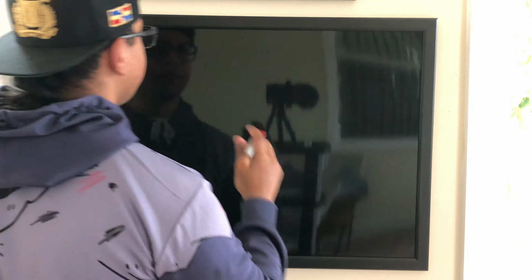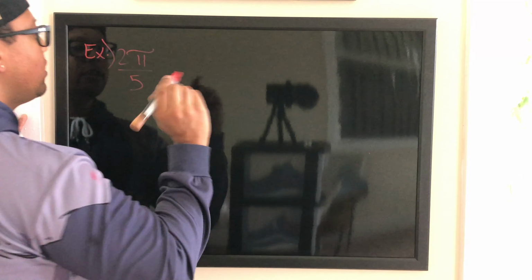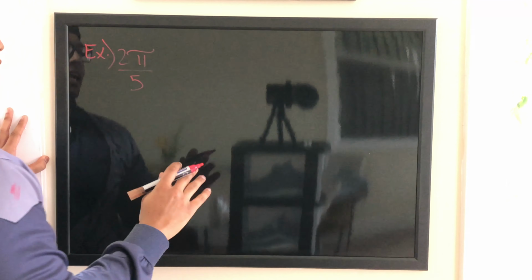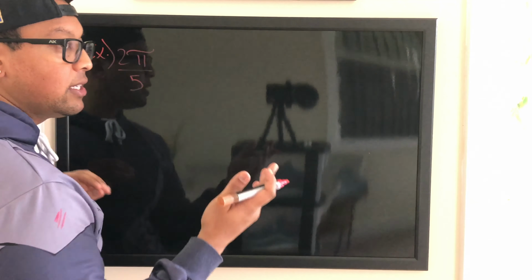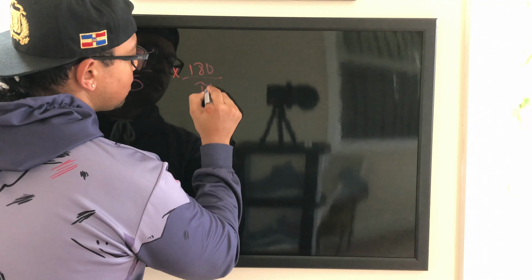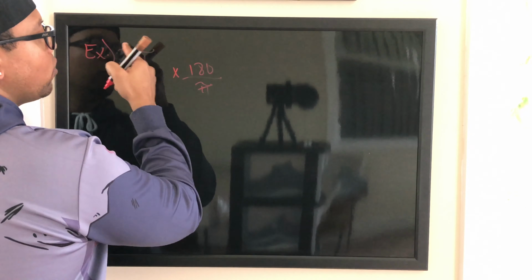If I give you 2 pi over 5 and I want you to find the reference angle of this term, the first thing we're gonna do is convert this into degrees. So I have to multiply this by 180 over pi, correct? Where the pi's cancel. Now, you can multiply.